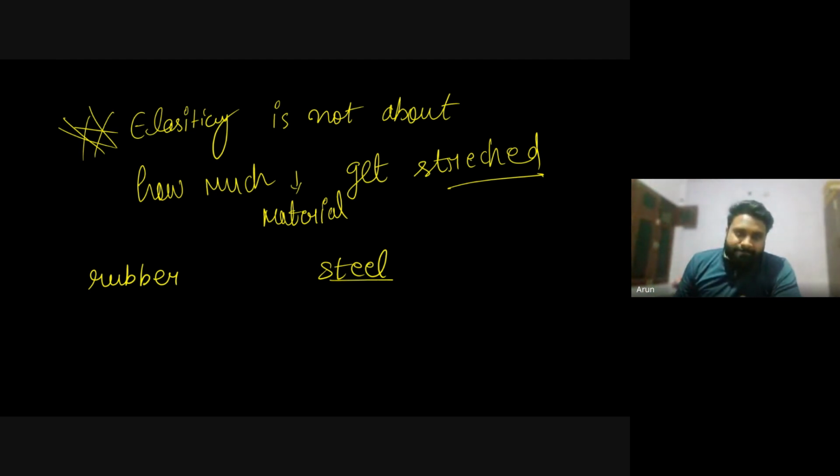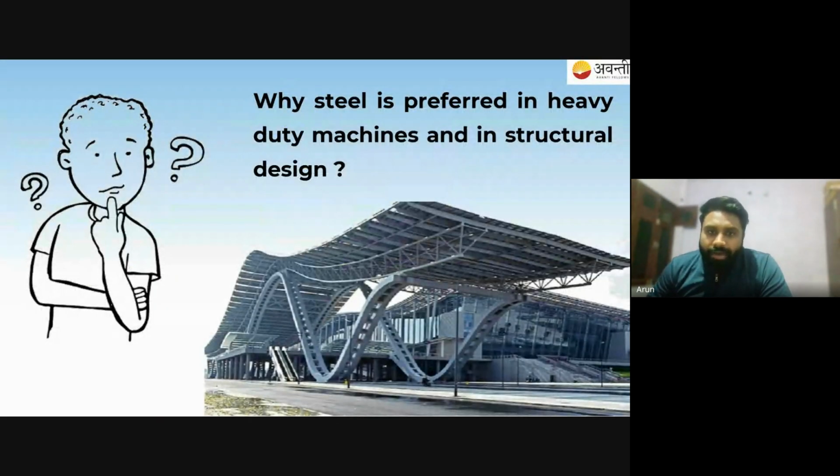Now I think it is clear why we use it in structural design. In structural design, a very heavy load is applied on the steel, and if it gets deformed, the structural stability will not be there. But we know that steel is much more elastic, which means it can bear a very large load with a very small deformation.